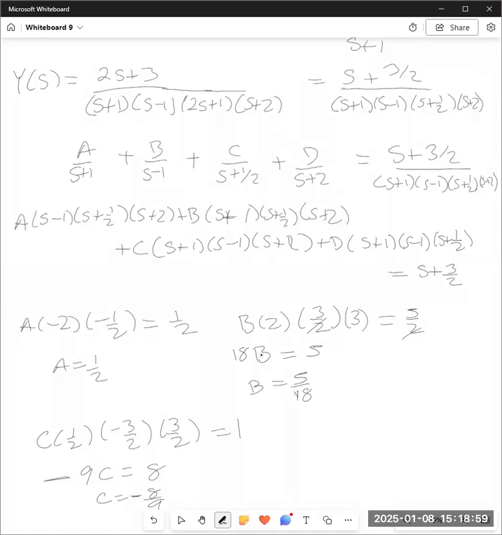And then for D, s is equal to negative 2. So we're going to have D times negative 1 times negative 3 times negative 3/2 is equal to negative 1/2.